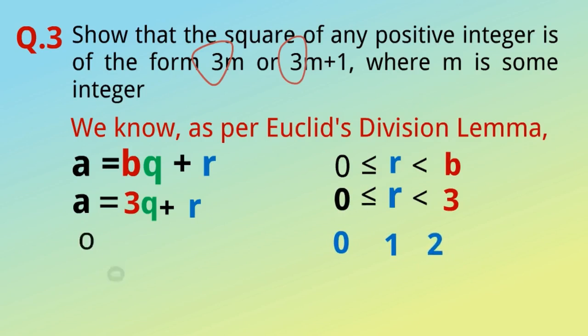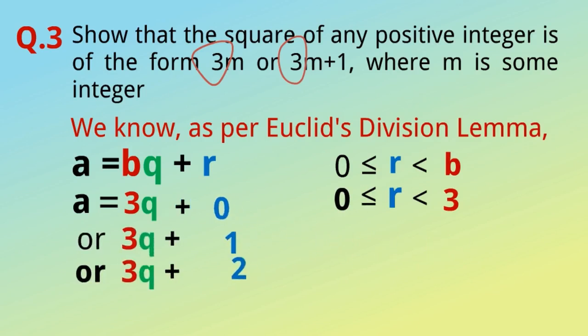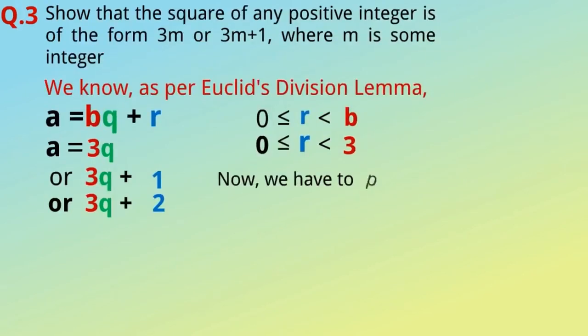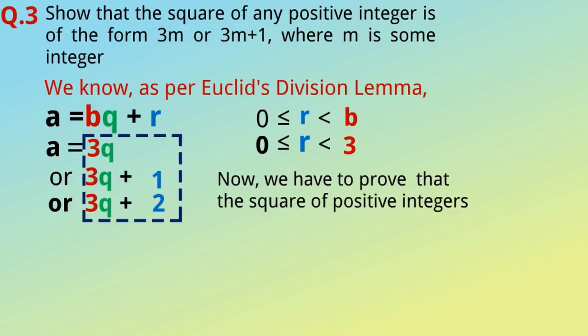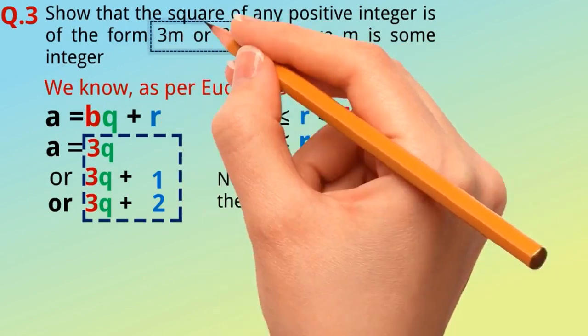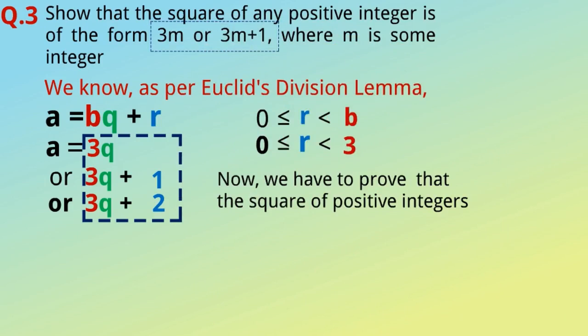So a's value can be 3q plus 0, or 3q plus 1, or 3q plus 2. Now we have to prove that the square of positive integers like 3q, 3q plus 1 and 3q plus 2 should be in the form of 3m or 3m plus 1. Let's try to prove this.